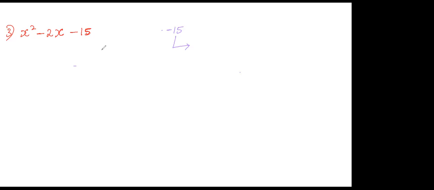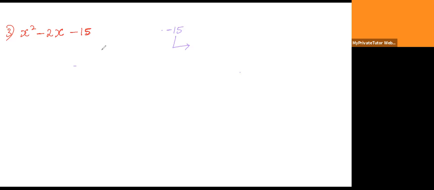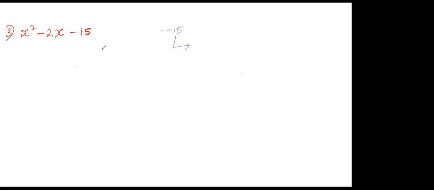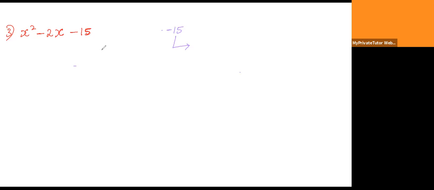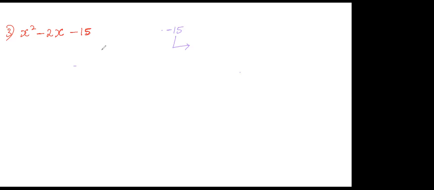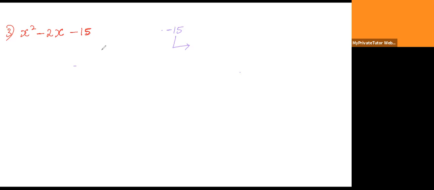Sir, -1 and -3. You said -1 and -3. Yeah, but or it will be -3 and -5. No, we'll get only one option. Please check it. Which one is correct? Anybody? Sir, -3 plus 5.